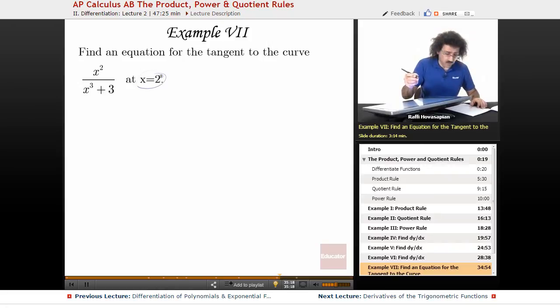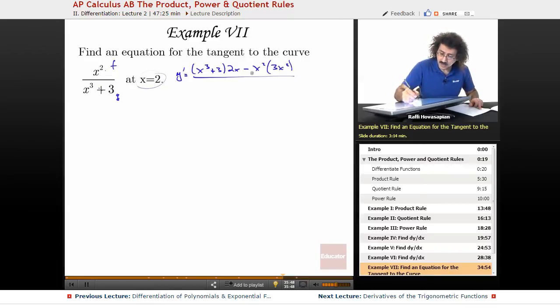So let's go ahead and start with y prime. So y prime equals this times the derivative. So this is f, this is g. This times the derivative of that minus that times the derivative of this over this squared. So we have x cubed plus 3 times the derivative of this, which is 2x, minus x squared times the derivative of this, which is 3x squared, all over x cubed plus 3 squared.